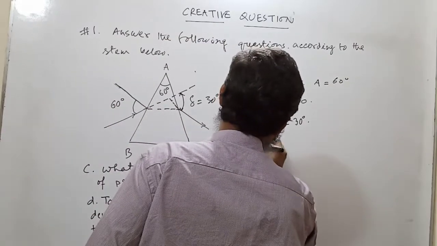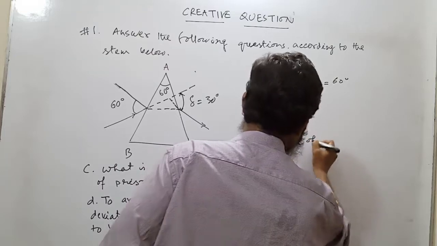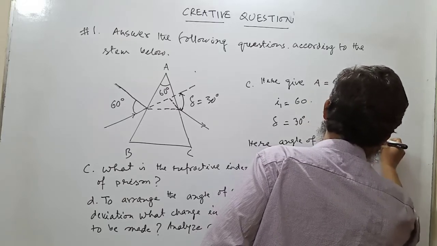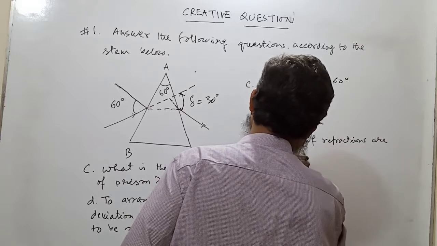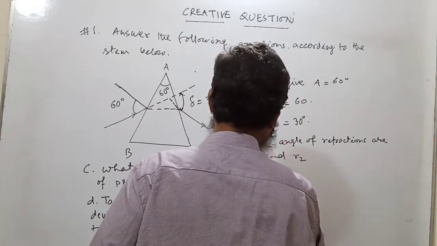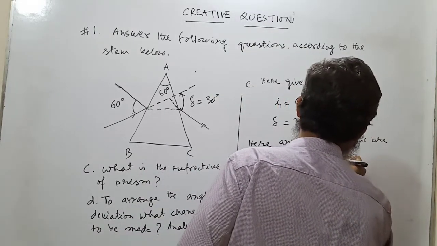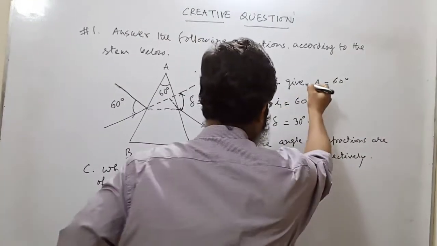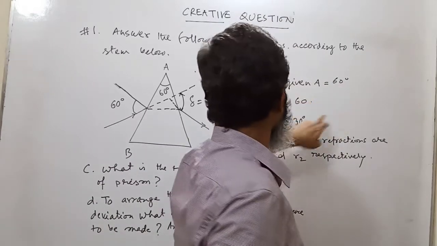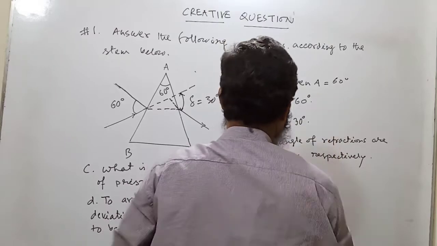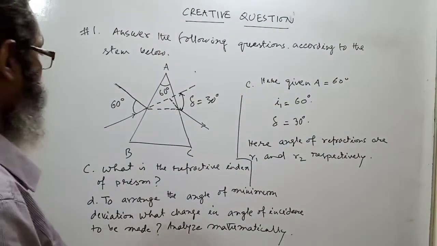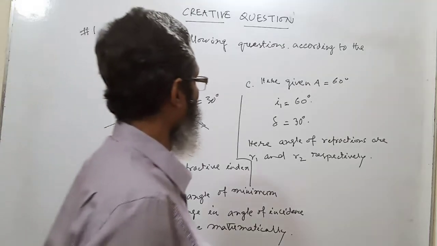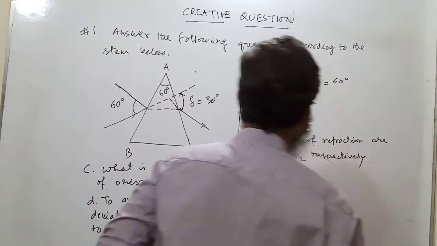Here angles of refraction are R1 and R2 respectively. Okay. We consider two angles of refraction. Angles of refraction are R1 and R2 respectively.